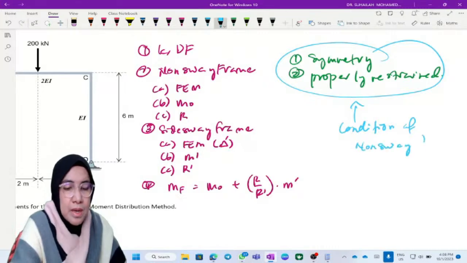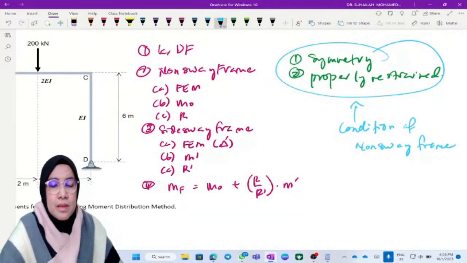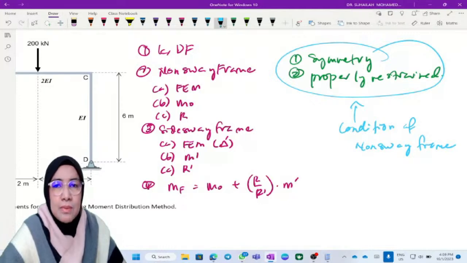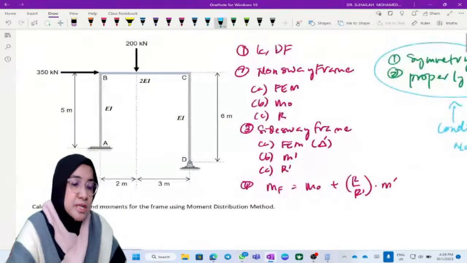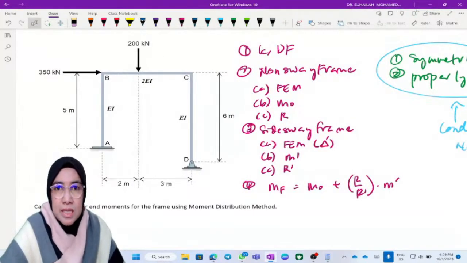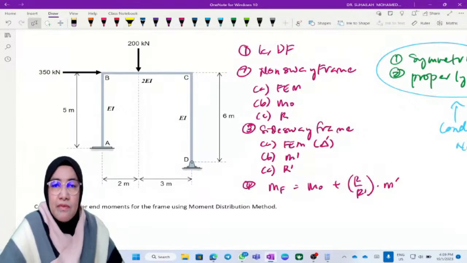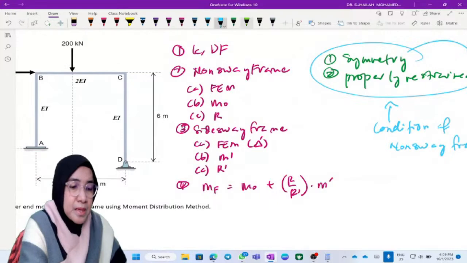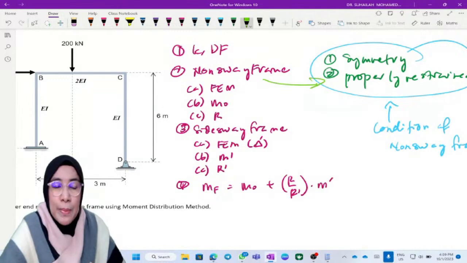Other than this, we have to analyze the frame by using all these four procedures. Start with K and distribution factor, because this distribution factor will be used in both tables. Step number two, we have non-sway frame analysis.